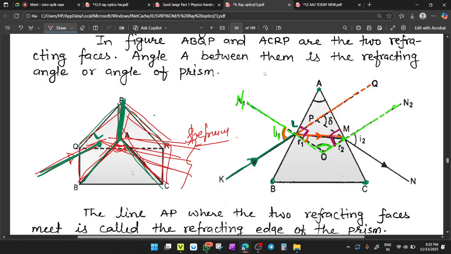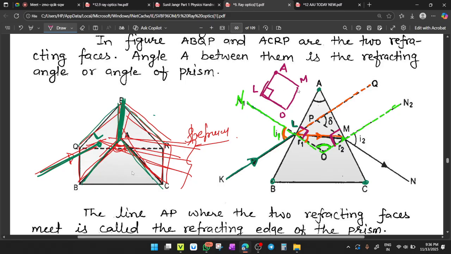So if you're talking about the quadrilateral A, L, O, and M point is here. Clear or not clear? You check this angle equals 90 degrees, because this is normal and this is surface.